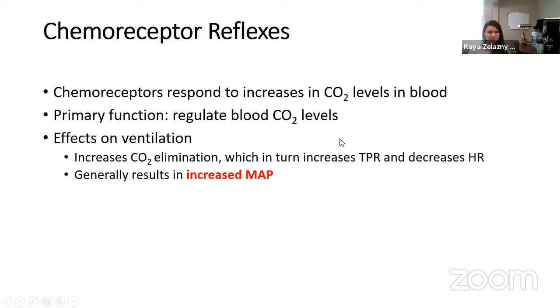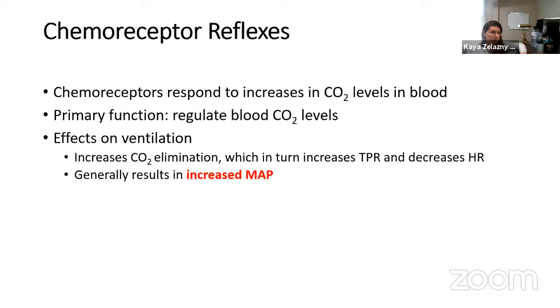Okay, chemoreceptor reflexes are also kind of linked in with your respiratory system, but in a different way than with the respiratory sinus arrhythmia. So again, I hate saying this so much this lecture, but we'll talk in detail about the respiratory system in our next unit. But basically there are sensors that sense whether you have increasing levels of carbon dioxide in your blood, because that's bad because you want to get rid of the carbon dioxide.